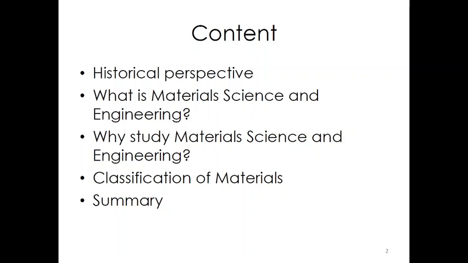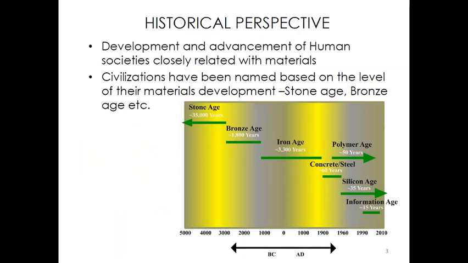So first of all, we'll discuss historical perspective. The advancement of civilization has historically depended on the improvement of materials to work with. In fact, early civilizations have been designated by the level of their materials development. So Stone Age, Bronze Age and Iron Age are the eras where in the Stone Age, most of the materials were made up of stone.